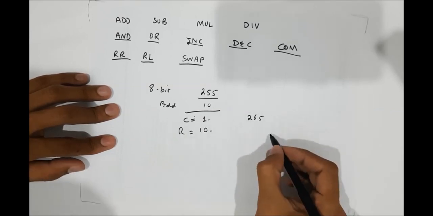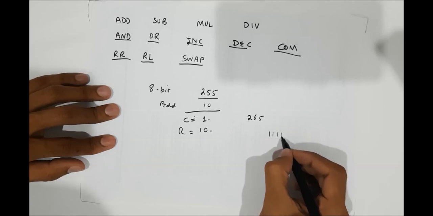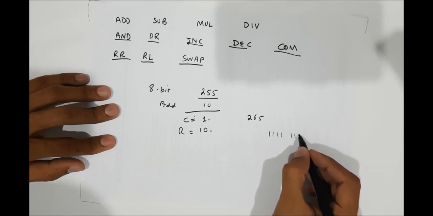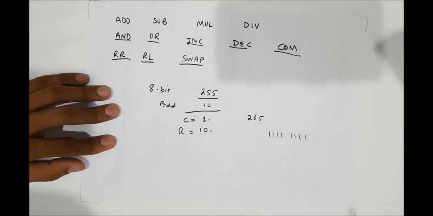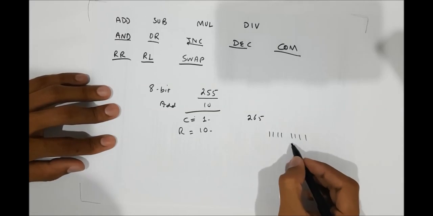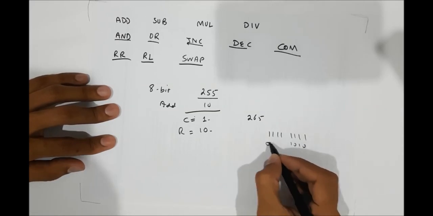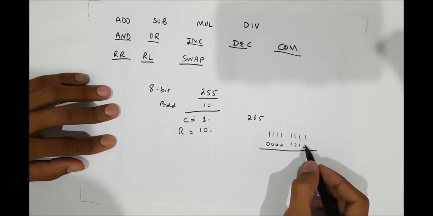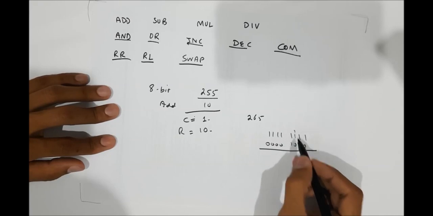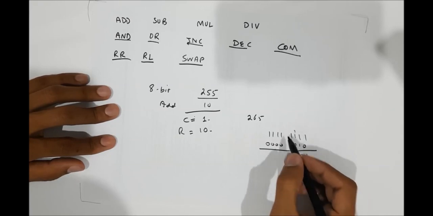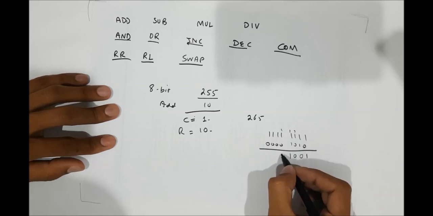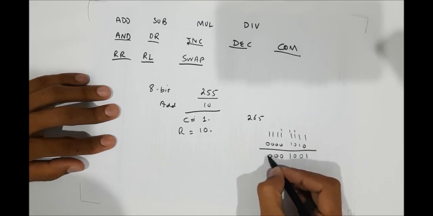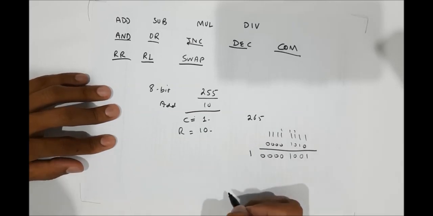How? 255 is equal to 11111111 and 10 in decimal is equal to 1010. When we add them, it will become 1 0 0 0 0 1 0 0 1.